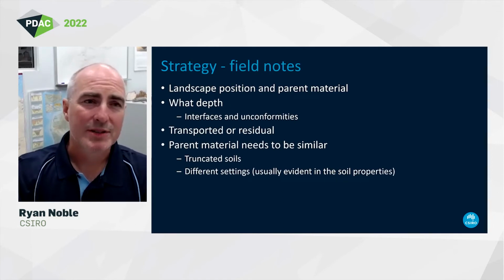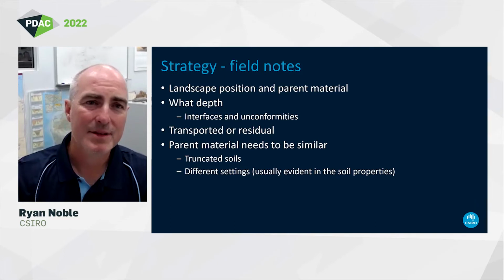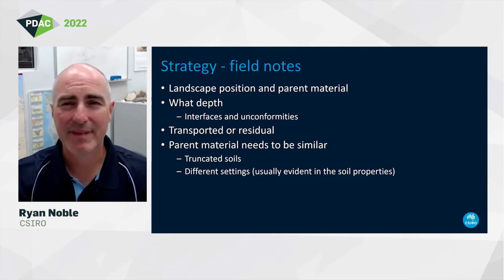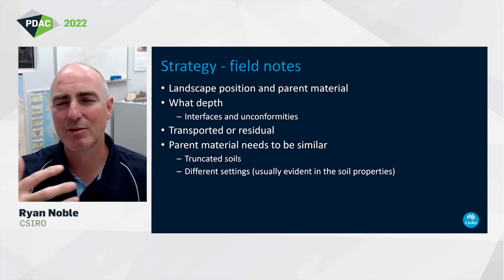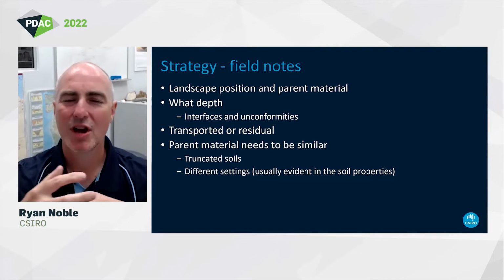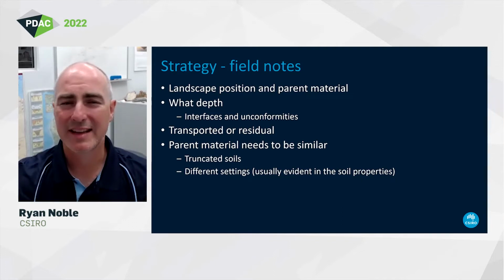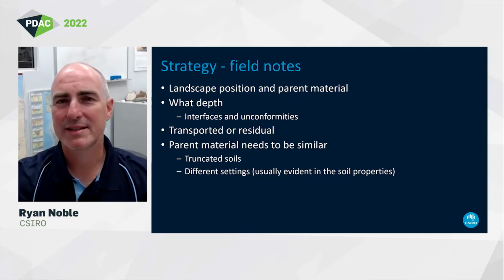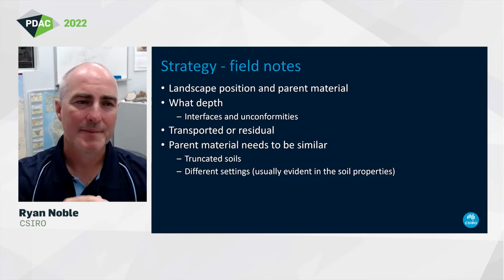Some of the field notes, probably the most important one, I think, is around landscape position and parent material. Some of this, again, looking back at maps and other information, you'll be able to draw that information out later, but it's always great to get that in your first pass and while you're in the field.